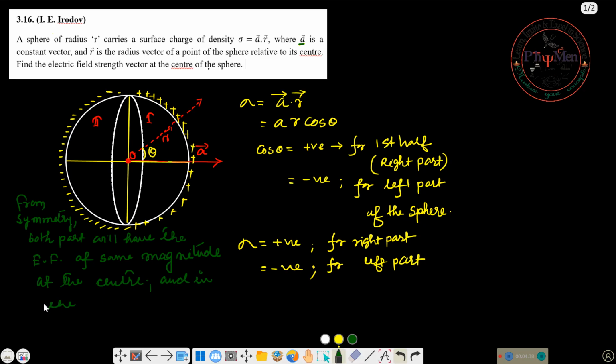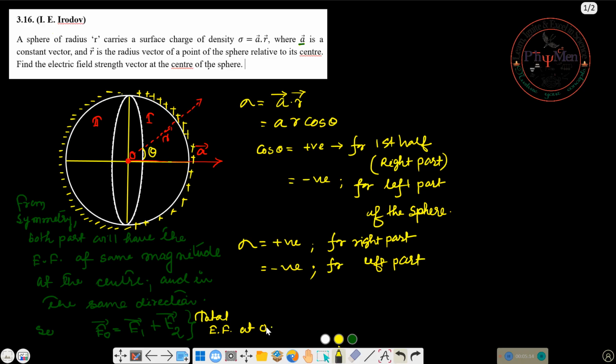So the electric field at O, the center, is E1 plus E2. E1 is the electric field because of the right part of the sphere, and E2 because of the left part. This will be the total or net electric field at center O.